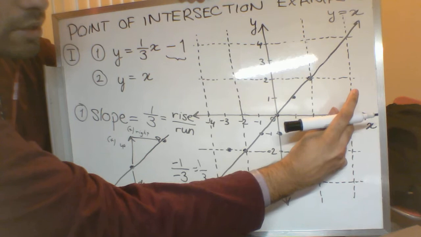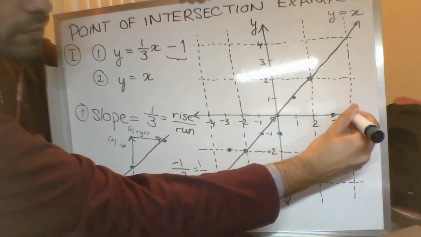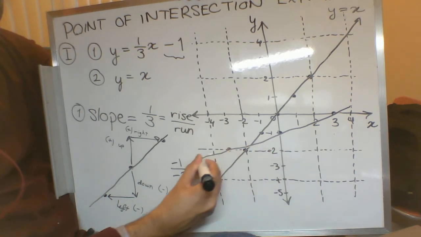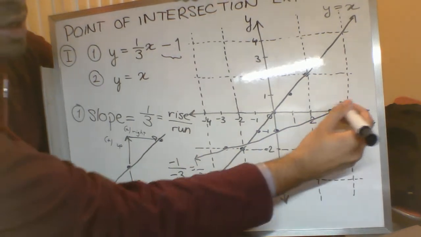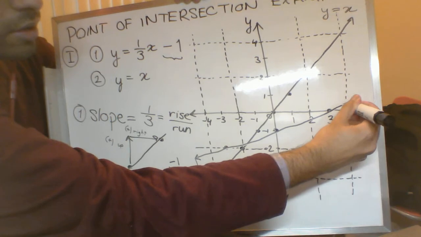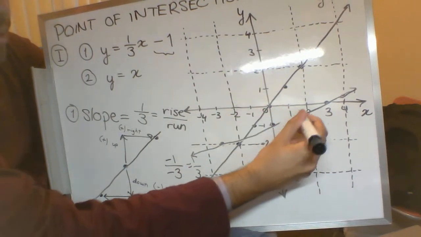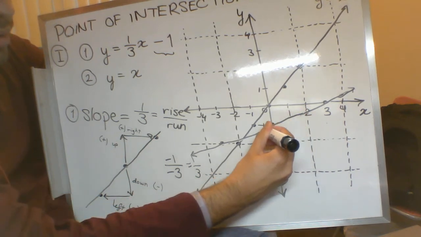Oop, I'm already off to a bad start. Connect them in as straight of a line as we can. Something like that. I know my line's a little bit wiggly there, but let me see if I can straighten this out a little bit.